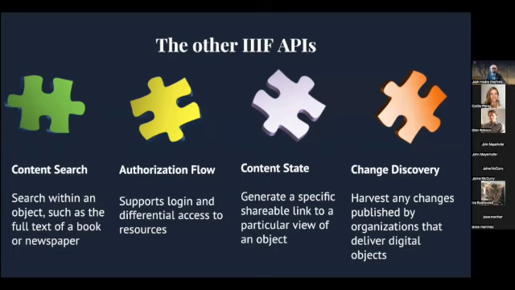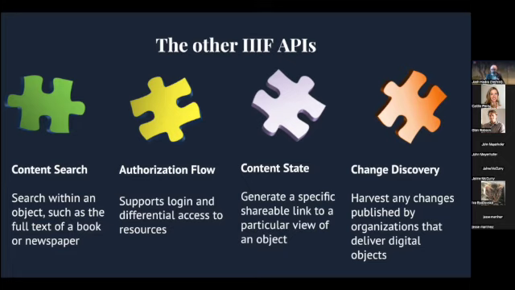We have something called authorization flow, which allows for differentiating access if only logged in users or staffers should be able to get the most high resolution asset. You can do things like that with authorization flow. The content state API allows you to link to complex views of an object.